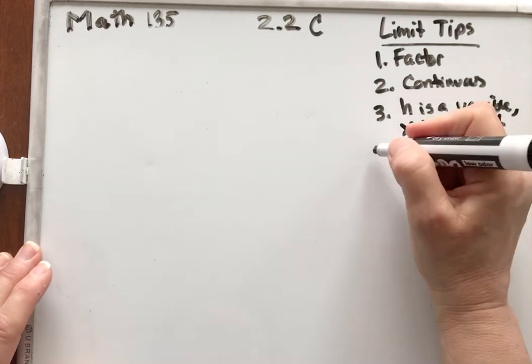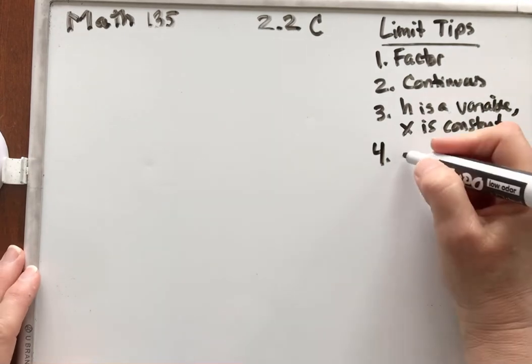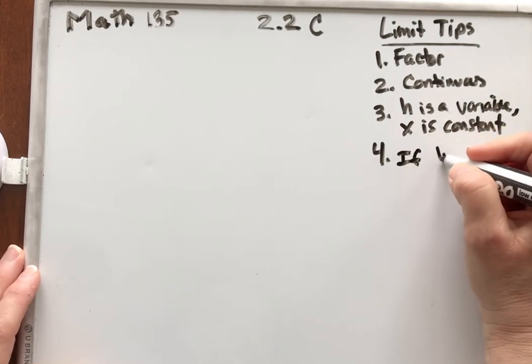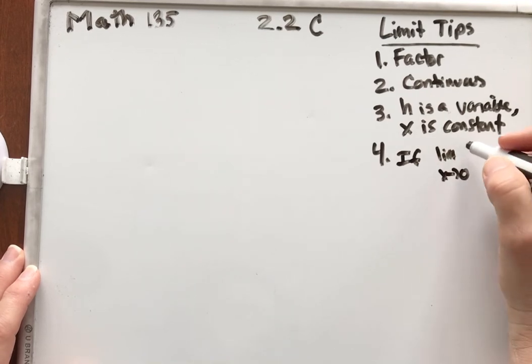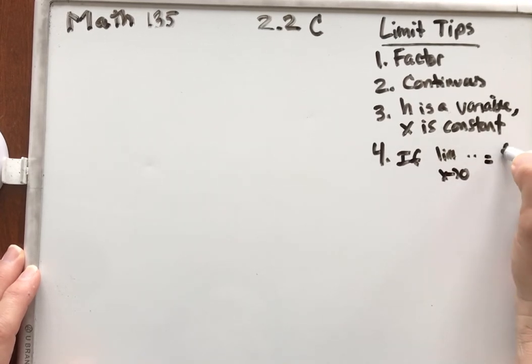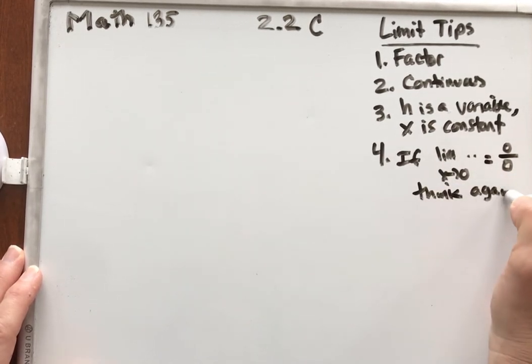Now, while doing these problems, I'm just going to give you a warning when you're doing this homework. If you get something like this, the limit as x approaches 0 of something equals 0 over 0, make sure to think again. You may have forgotten to factor.